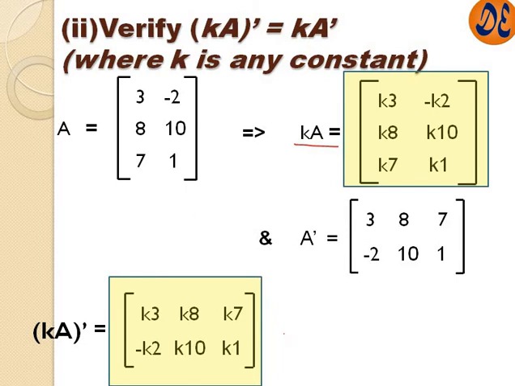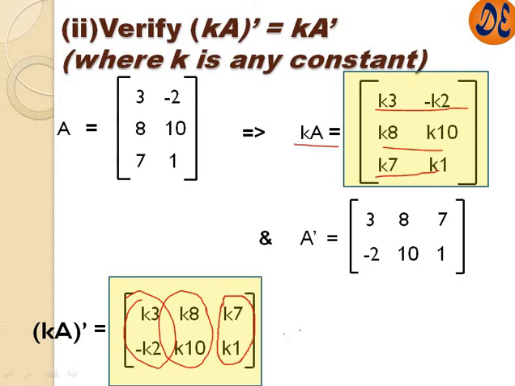You can see clearly: row 1, column 1, row 2, column 2, row 3, column 3.